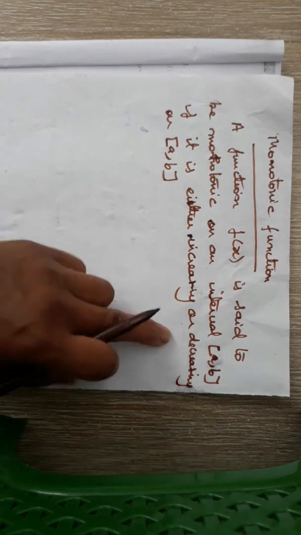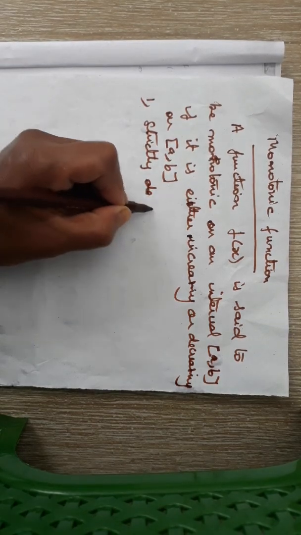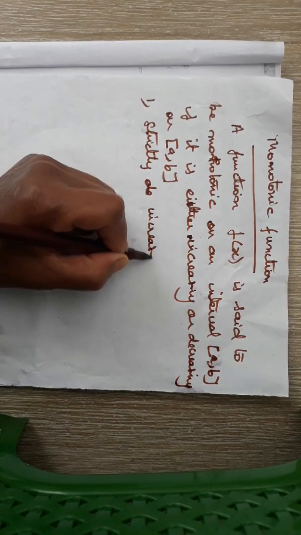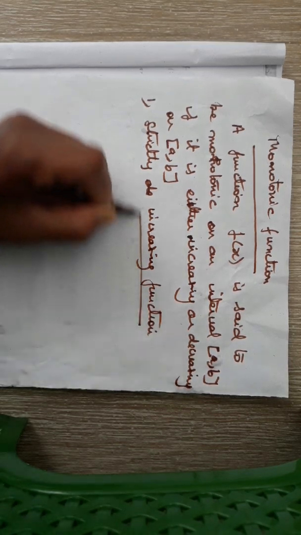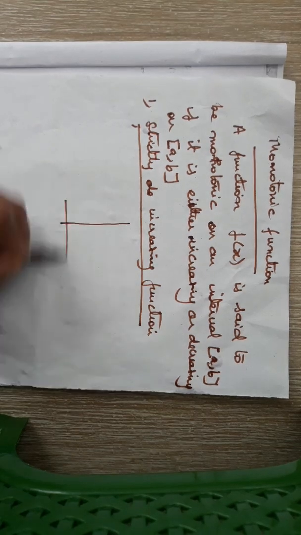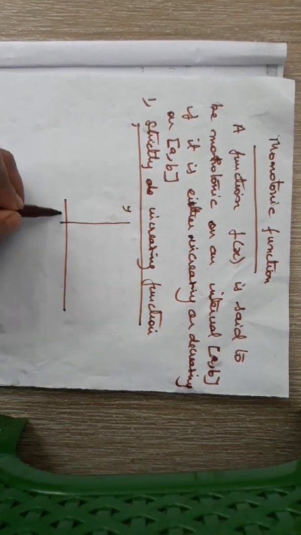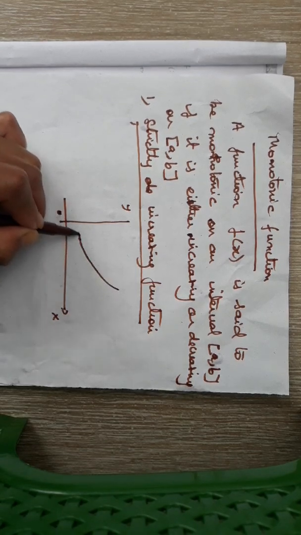Now let us see what it means to be increasing or decreasing. Number one, a strictly increasing function. Let me first draw the diagram. This is the y-axis, this is the origin, and this is the x-axis. The graph here is this.